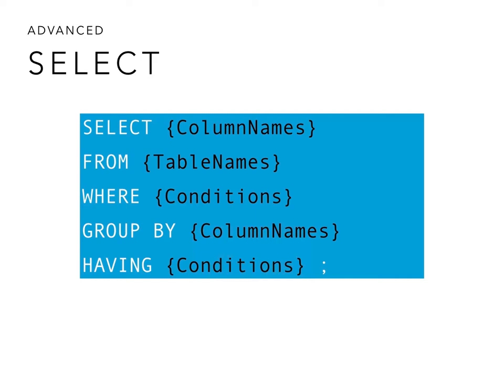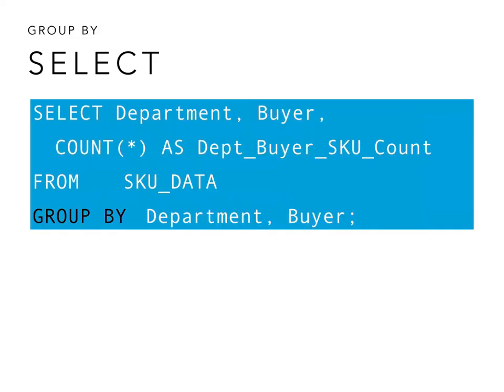You see what I've added on the end here are 2 more clauses, group by and having. Let me show you what these do. The group by operator allows us to do aggregation on sets of results.